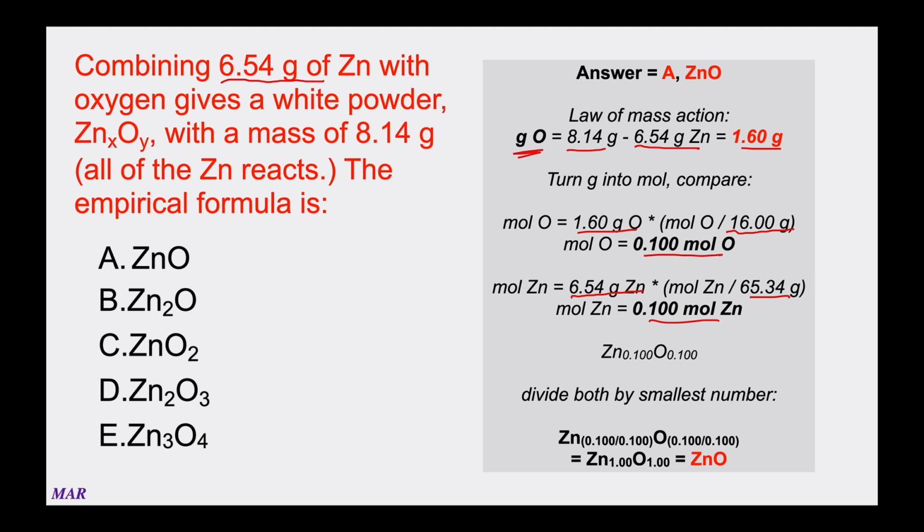Now, if you thought about the charges on the periodic table, you maybe didn't need to do this problem at all, or you could at least make a strong argument for what the answer should be. Zinc is one of the stairs. It's a positive 2 metal. And oxygen, when it's an oxide, oxygen's in group 6, 6 minus 8, oxide is also negative 2.